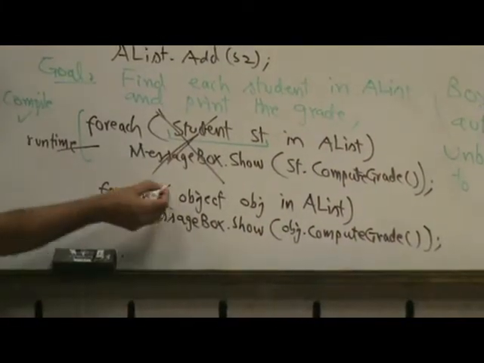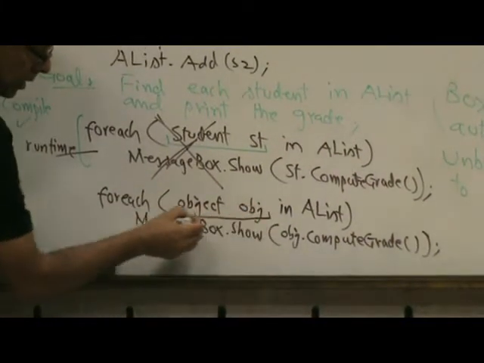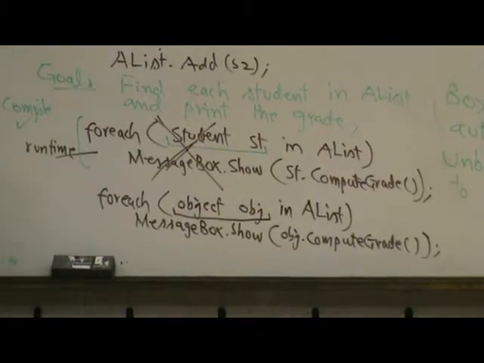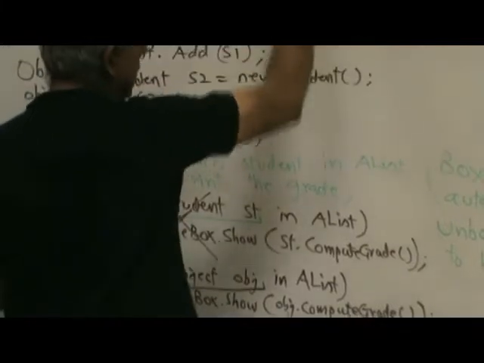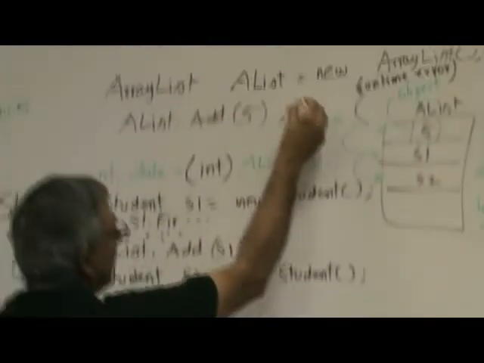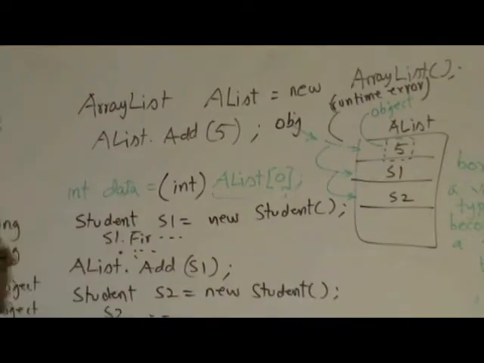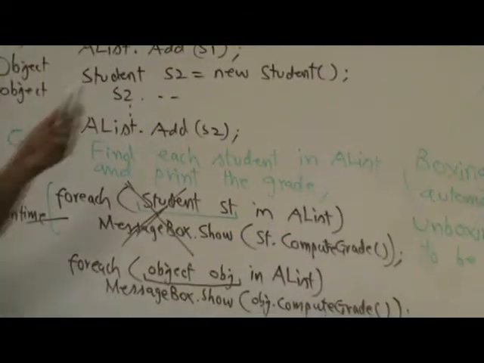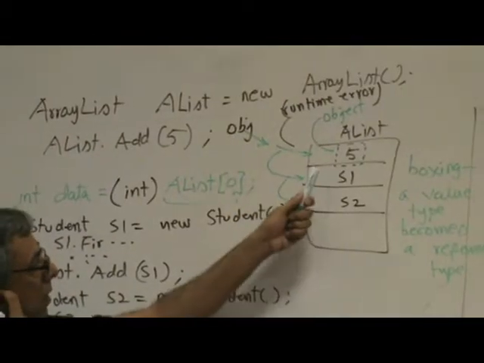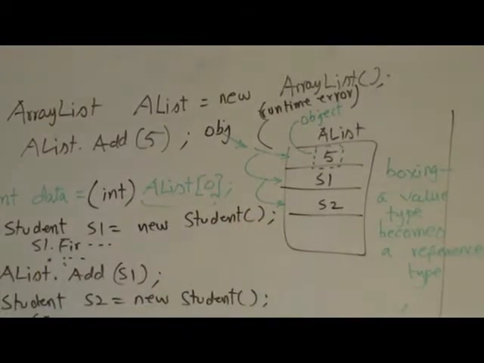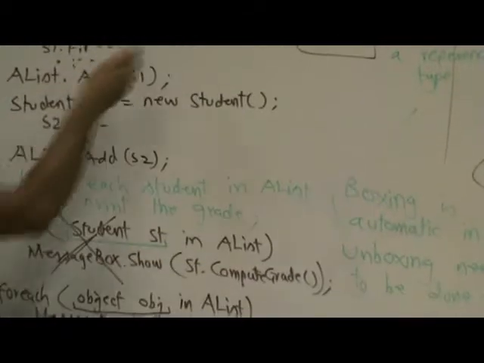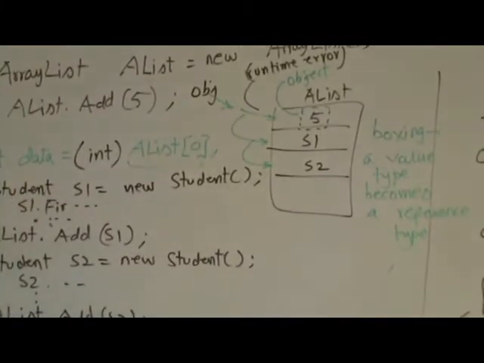Okay, so let's take a look at the first part. Object obj. So instead of st, what type of reference are we creating now? obj. Can obj point to a number? Yes. Or a student, right? So it will be able to correctly point to each and every object.